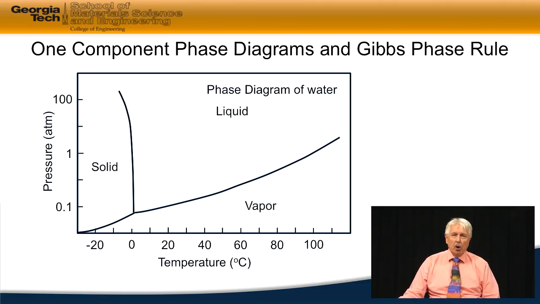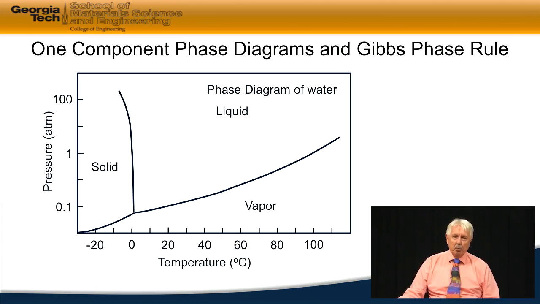And in those open regions where we have solid and liquid and vapor, those regions are single phase. That is, regardless of what the pressure and temperature are, when we are inside of those single phase fields, the only phase that is present is the phase that's indicated.